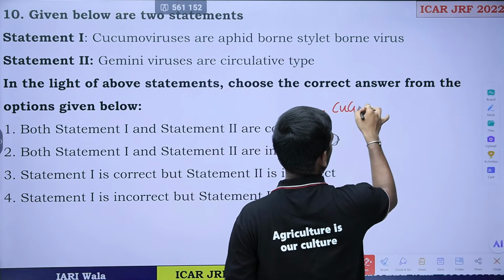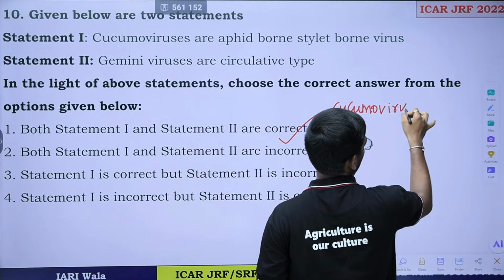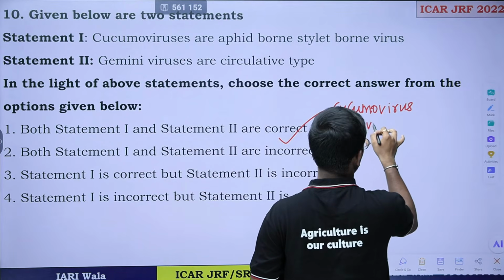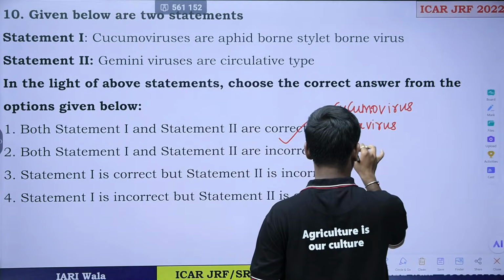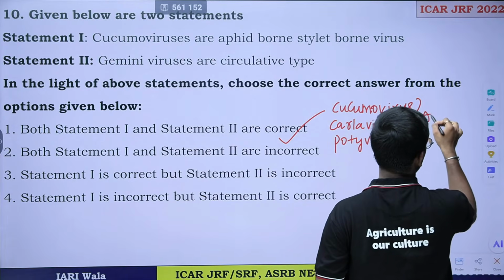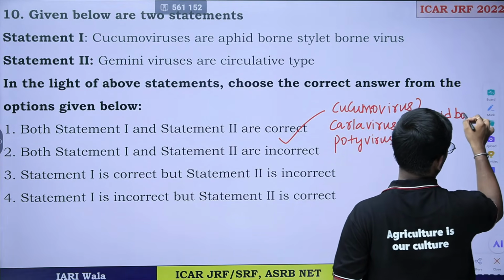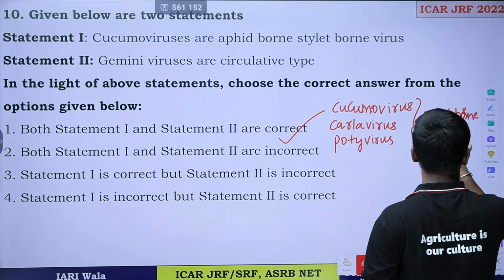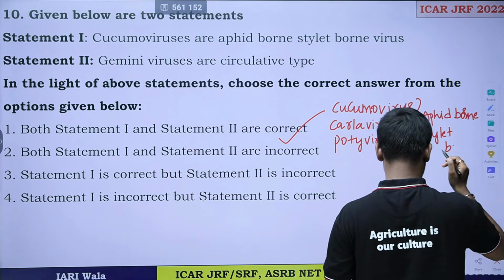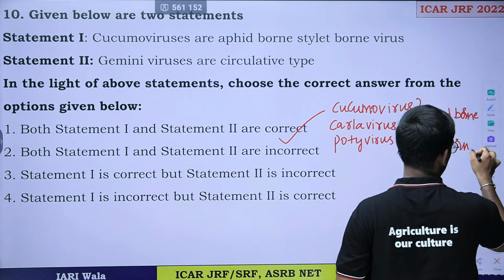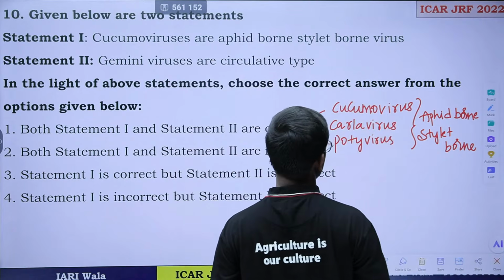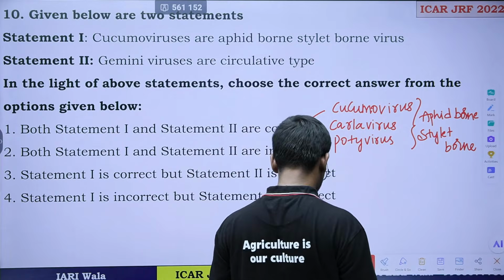That virus, next one is Carla virus. Then Gemini viruses are circulative type.